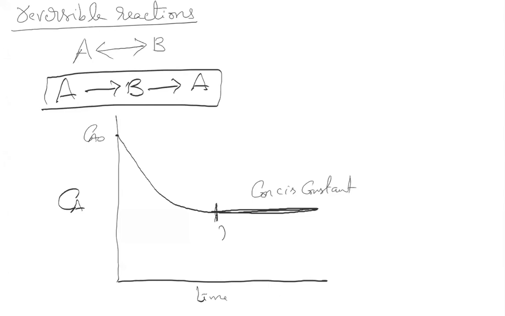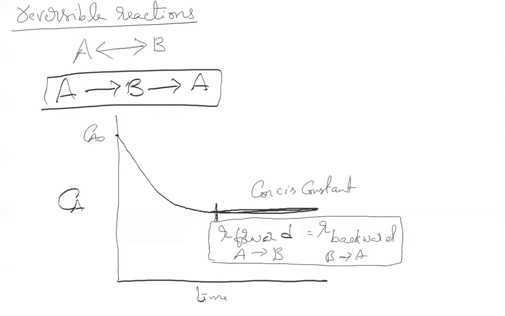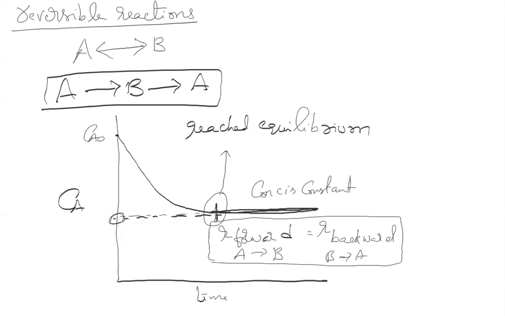Here the rate of forward reaction, which is A gives B, is equal to the rate of backward reaction, which is B gives A. That is why the amount of A converted towards B and the amount of A formed from B will be the same. This is the point where we say it reached equilibrium. This is the corresponding equilibrium concentration.